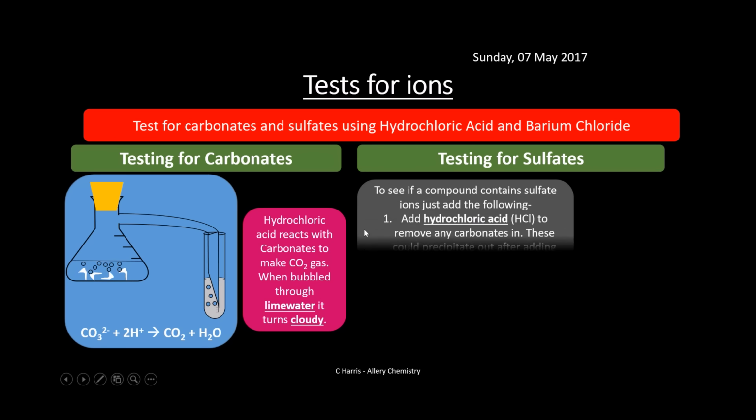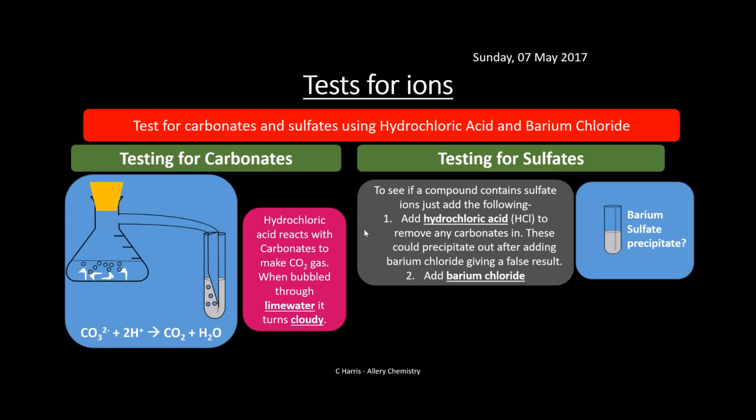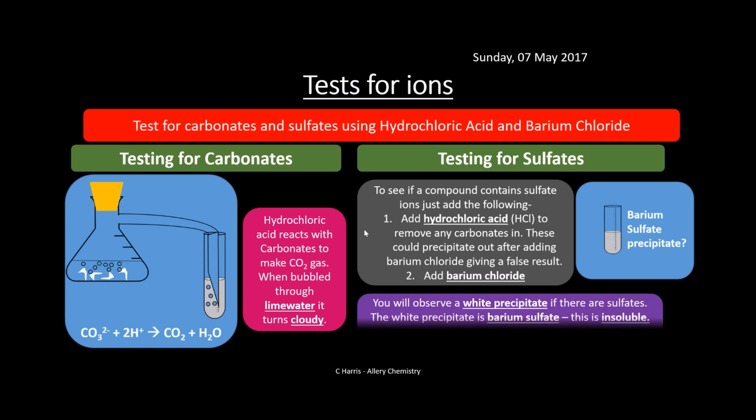Okay, testing for sulfates. We've seen this already in group 2, but just to recap. If we need to find out if something contains sulfate ions, all we do is add hydrochloric acid. It just removes any carbonates in there. Again, we don't want to see them because they could give a false result. And then we add barium chloride to the solution.